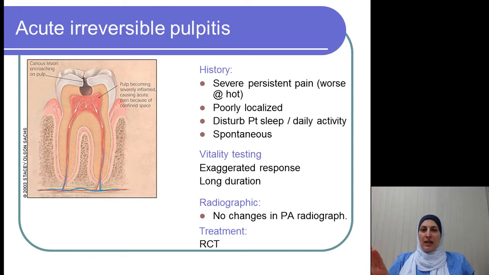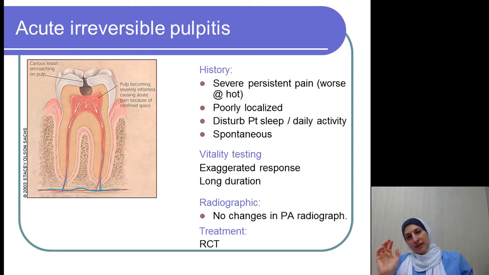And sometimes without any stimulus, all of a sudden the tooth starts pounding with pain. Usually the pain is of a pulsating type because it's vascular in origin. There's accumulation of blood within that limited space, and the patient might feel sort of a throbbing pain.